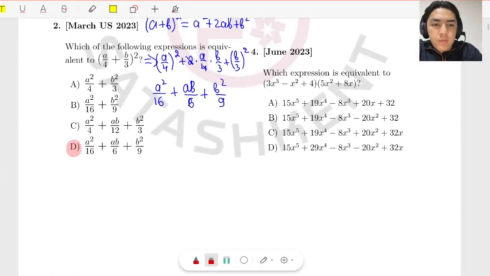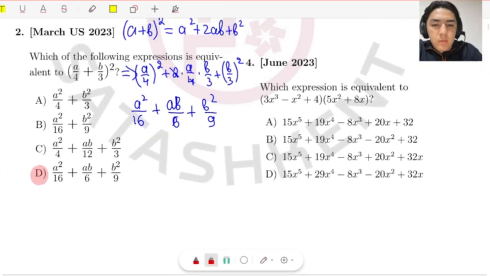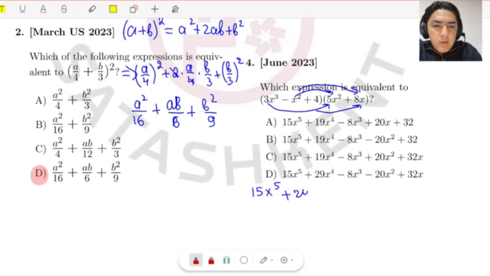Fourth question. Again, let's say expressions. You just have to open the brackets. Multiply it here, then here, here to here, and the third part as well. So let's simplify. I'll get 15x to the power 5 plus 24x to the power 4 minus 5x to the power 4 and minus 8x cubed plus 20x squared and plus 32x.